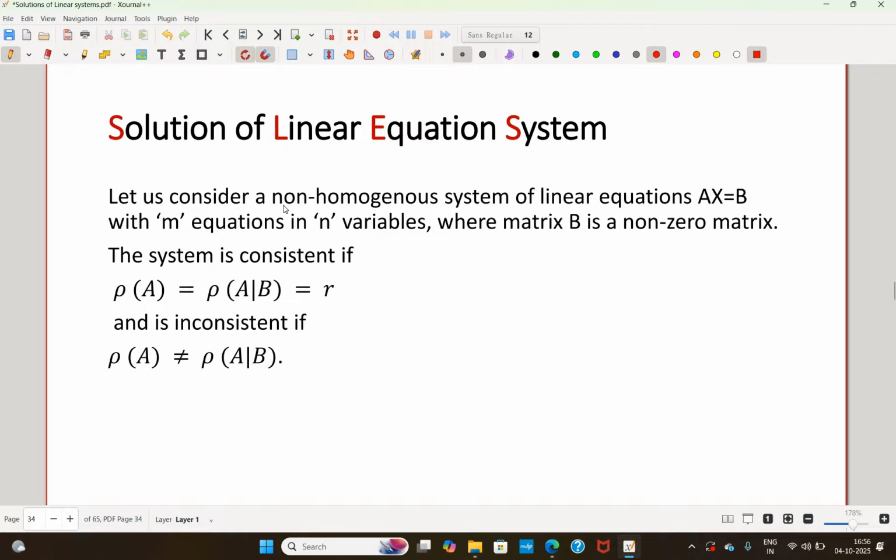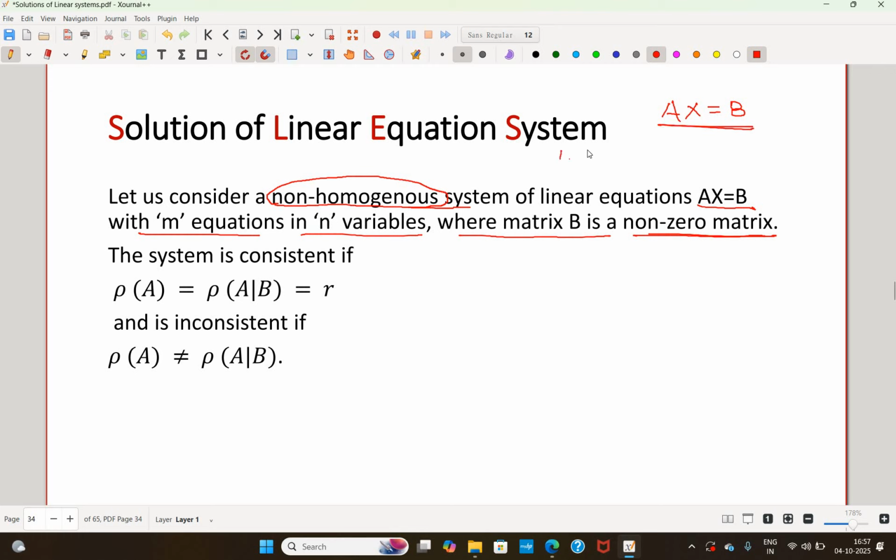So consider a non-homogeneous system of equations Ax = B with m equations and n variables, and with matrix B, which is a non-zero matrix. Now here we have one more word associated with this linear system, called a non-homogeneous system. When it comes to the representation, Ax = B is our system of linear algebraic equations.